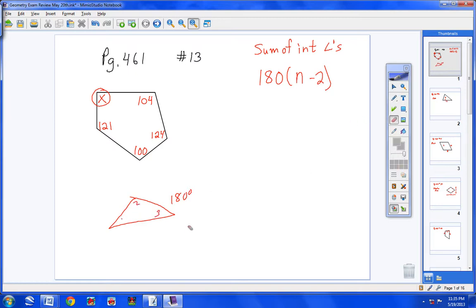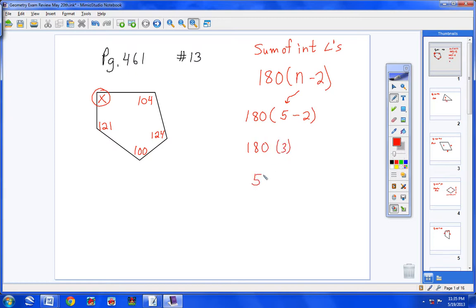Well, for any concave polygon or convex polygon, you can use this formula right here, and it will tell you the sum of all the angles on the inside. Now, n stands for the number of sides. So this polygon has 5 sides. So where n is, I would substitute 5, because there's how many sides over here? 5 sides. 5 minus 2 is 3, so I have 180 times 3, which is 540.